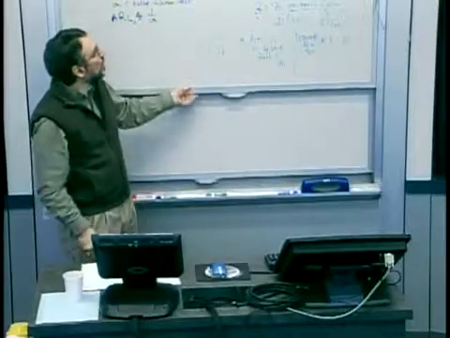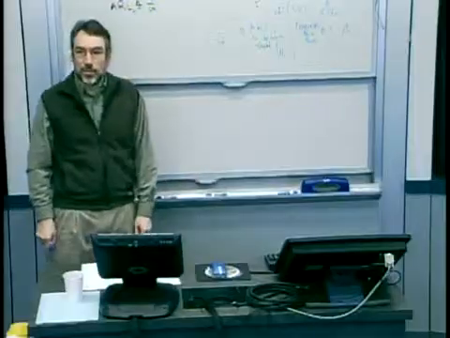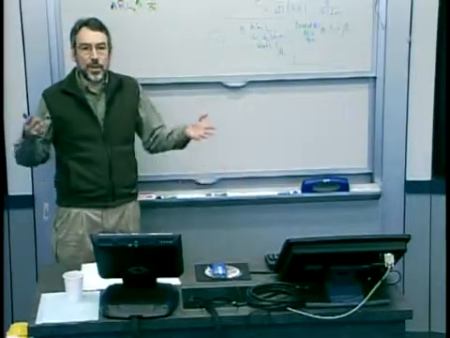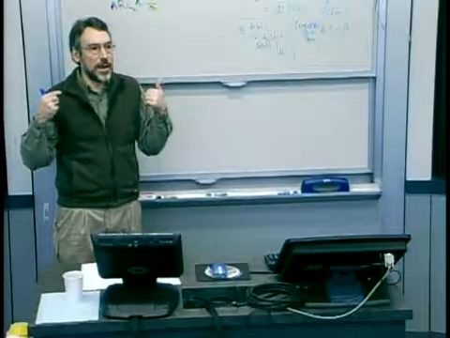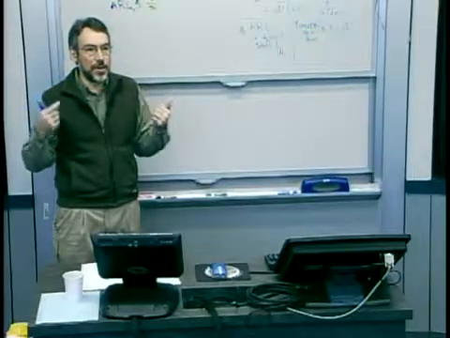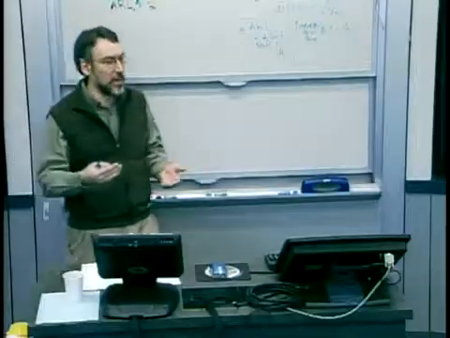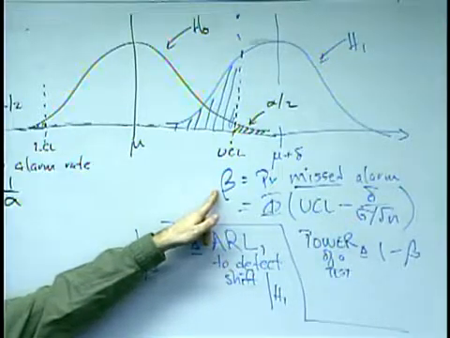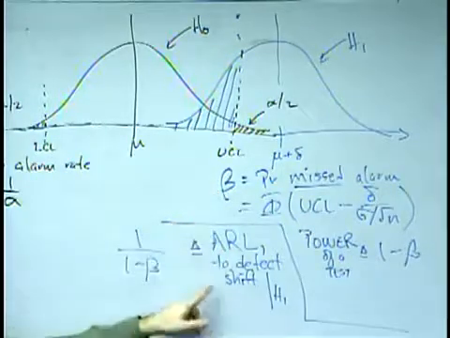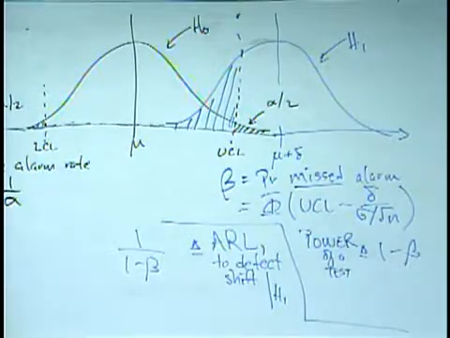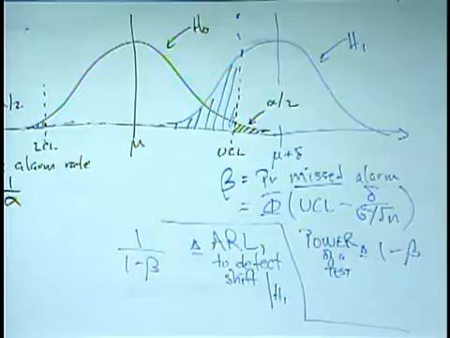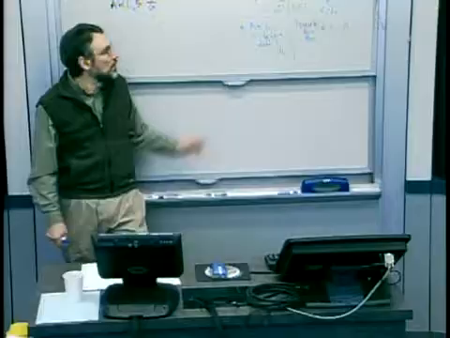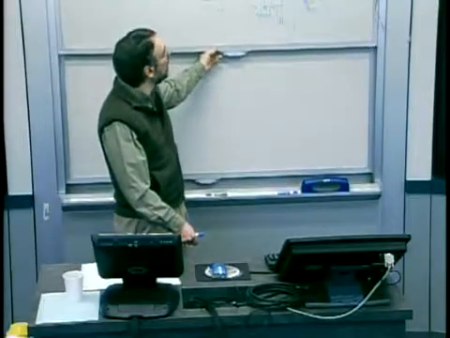Now, how do I change alpha? I'd change alpha based on a decision outside, on my acceptability of making a false alarm. How do I change beta? What if I say, it's taking me too long to detect a shift? I want it to take less time. Change n. So what changes when I change n?